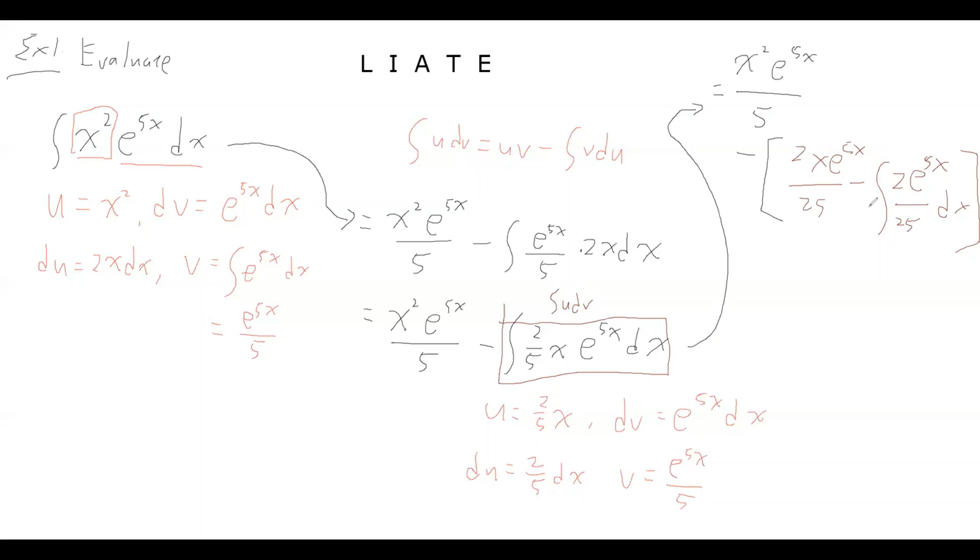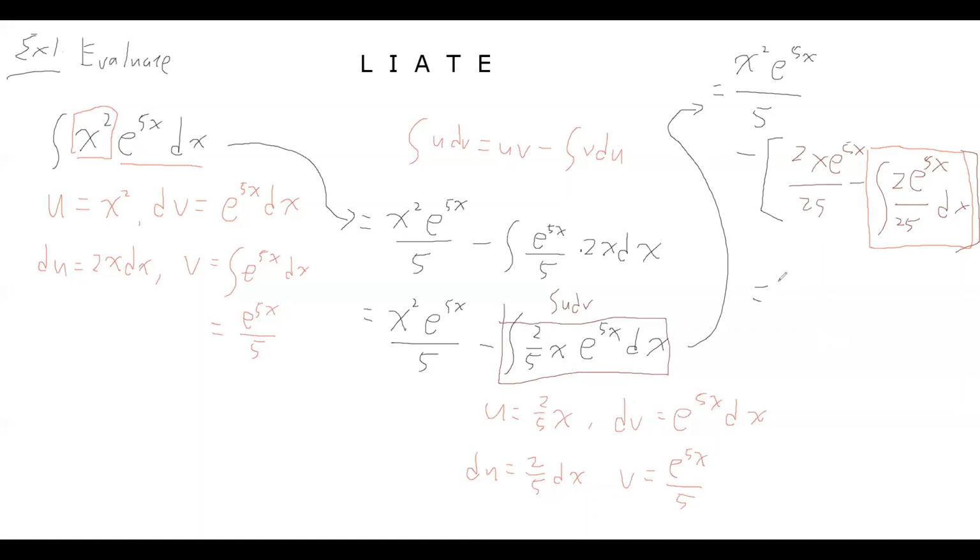Okay, now let's look at this remaining integral right here. So this is a very nice integral. 2 over 25, that's just a constant coefficient in the front, and all we're doing is integrating this exponential. So that's going to be pretty easy. Let's go ahead and do that.